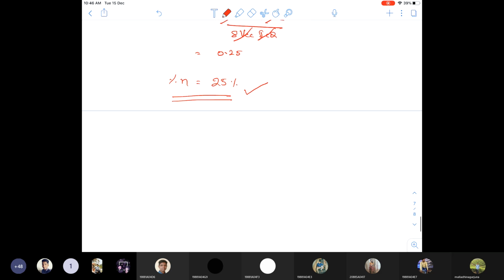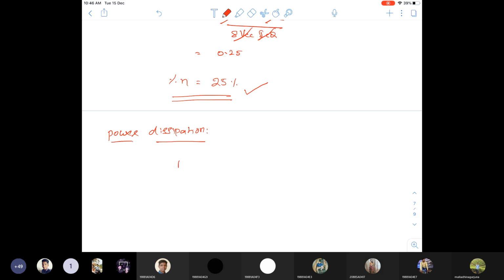And one more parameter we need to calculate, power dissipation. So the power dissipation of the transistor is the difference between DC input power and AC output power.